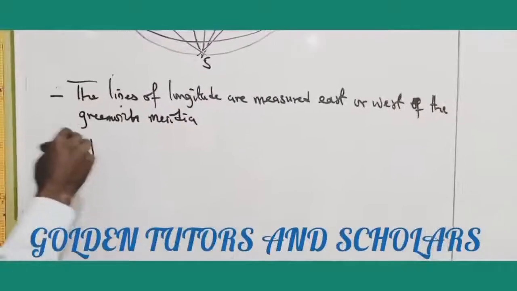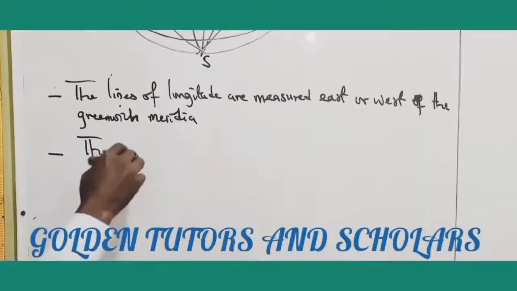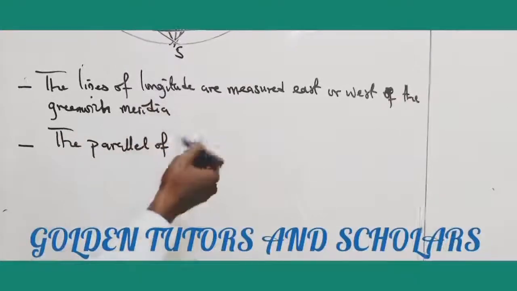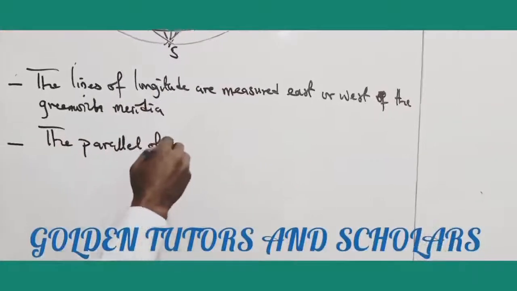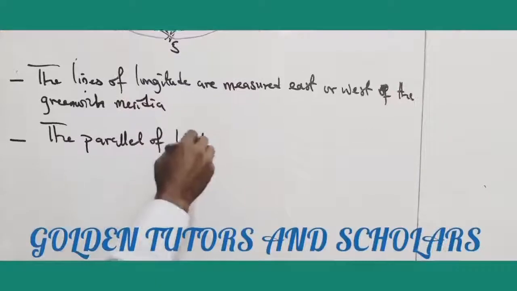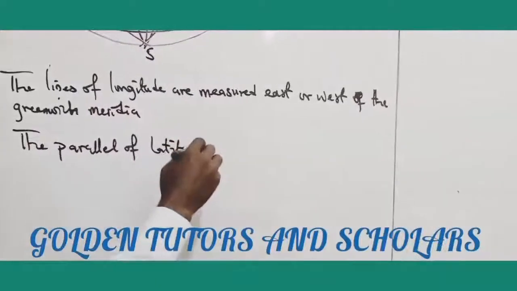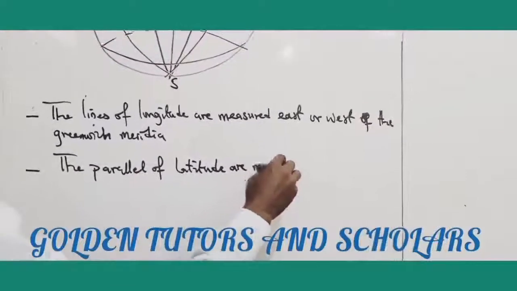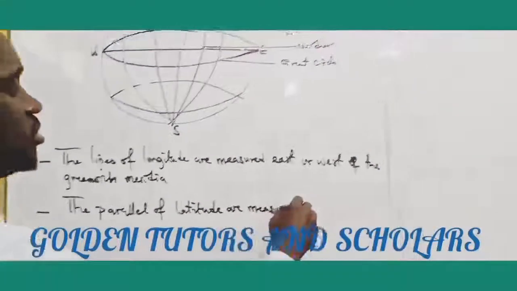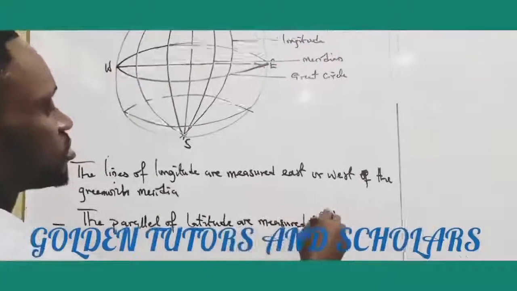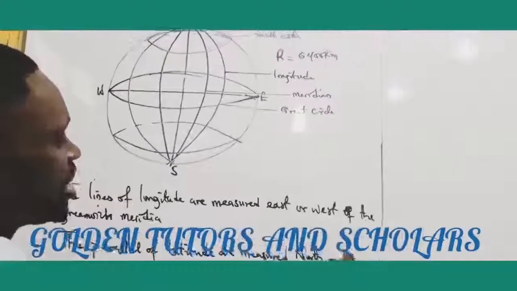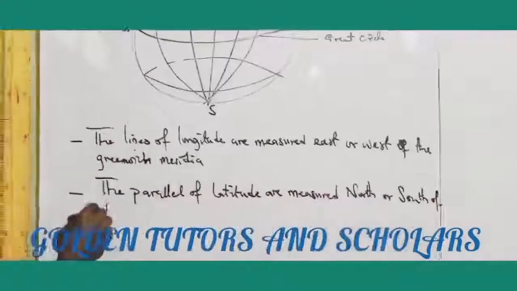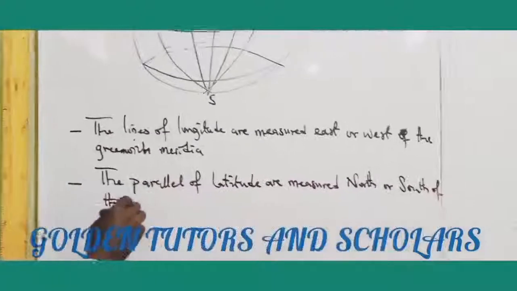Secondly, the parallels of latitude, which you can also call the small circles, are measured north or south of the equator.